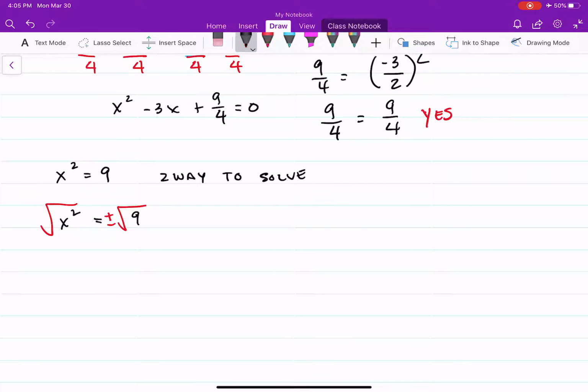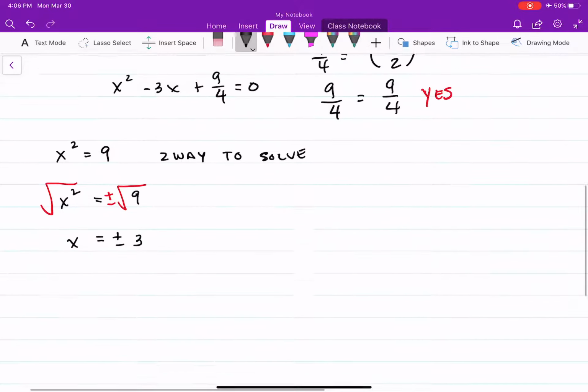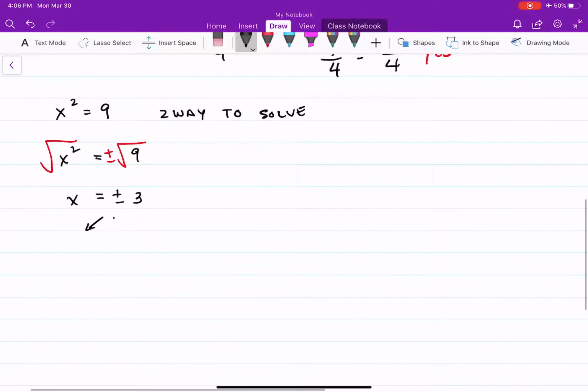On the left side, the square root and the squared are opposite operations, so they cancel each other out. So what I would have is x on the left side and on the right side plus and minus 3. This gives me two answers: x equals 3 and x equals negative 3.